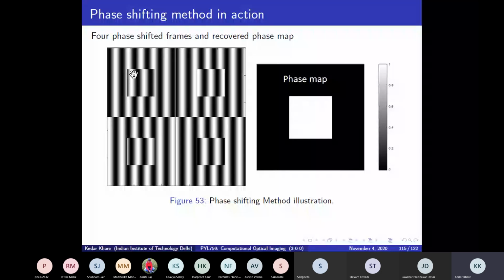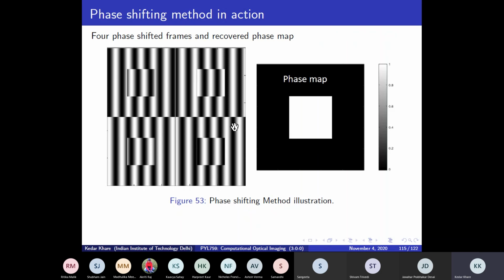You see that there are straight line fringes, but wherever there was a glass plate put on another glass plate, there is going to be a discontinuity in the fringes. Okay, and if you look at the same place in the pattern, you will see that as you add phase shifts of 0, pi by 2, pi, and 3 pi by 2, there is a phase shift in the fringes.